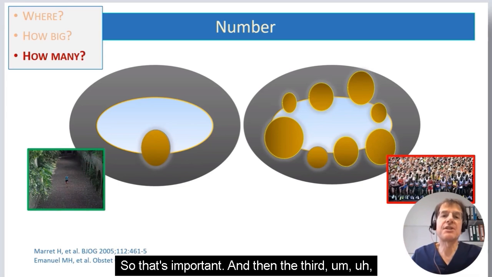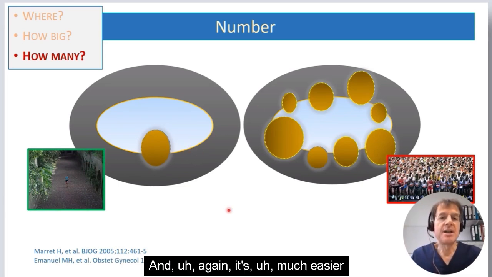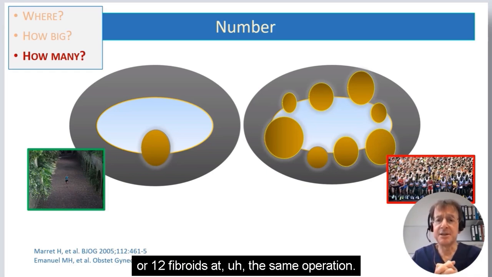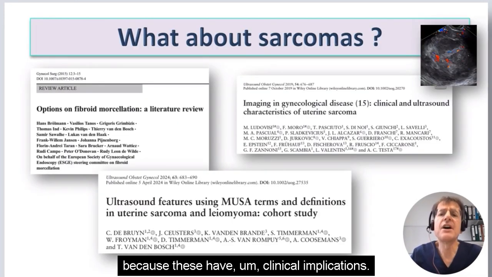And then the third question is how many fibroids do you see, and again it's much easier to remove one fibroid than removing 10 or 12 fibroids at the same operation. So important information you have to put into your report because these have clinical implications.